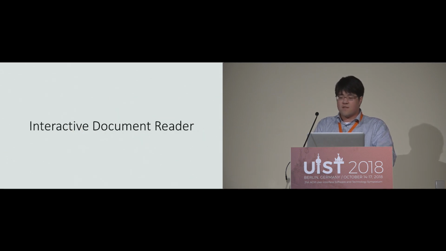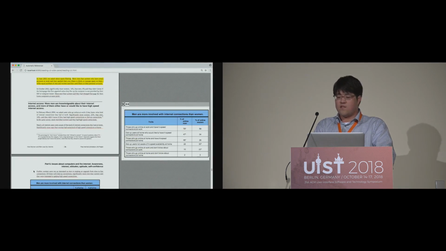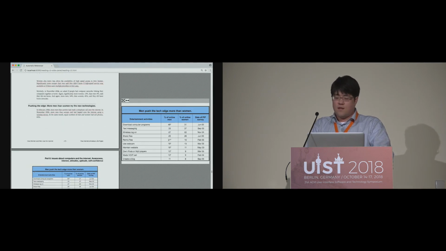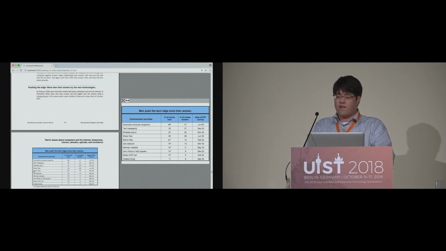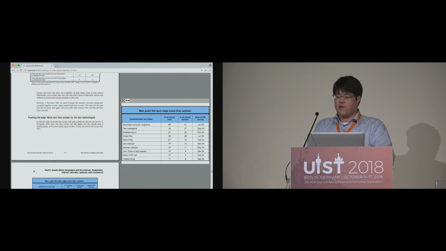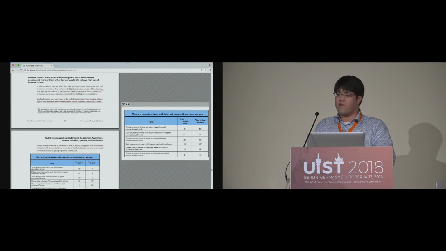Using these references, we built the interactive document reader that we have briefly looked at. In addition to what we have previously seen, there is a side panel. The side panel shows the table relevant to the text at the center of the screen so that the users can see both the table and the sentence in one view.